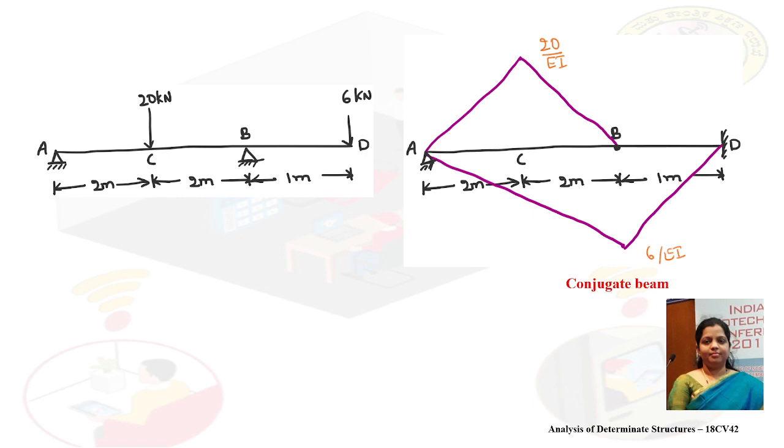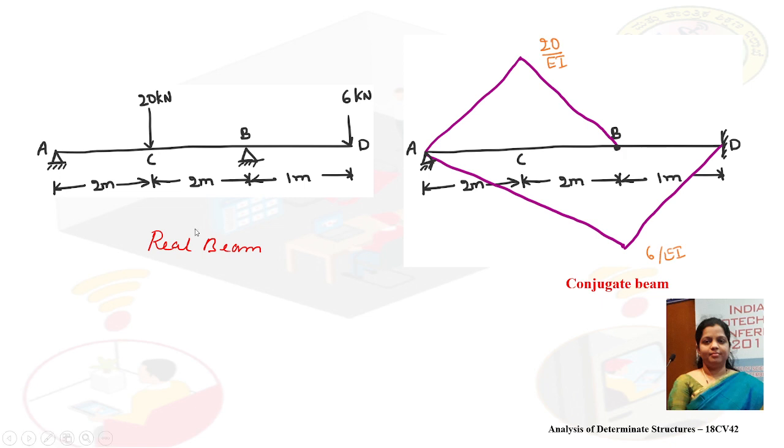This is the conjugate beam. As you can see, in the real beam at support A there is a hinge support. Therefore in the conjugate beam also at support A we are having a hinge support. This is the real beam. Now the intermediate support at B is transformed into a hinge in the conjugate beam.